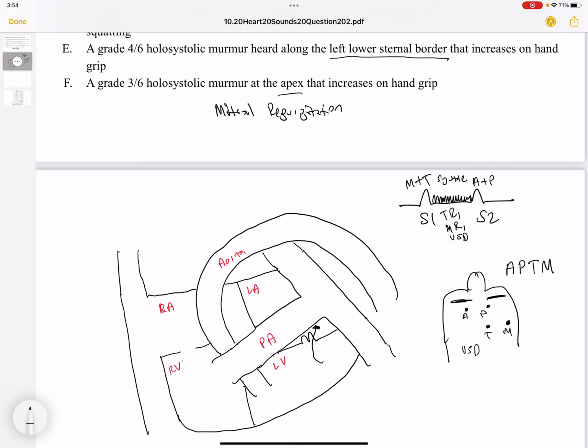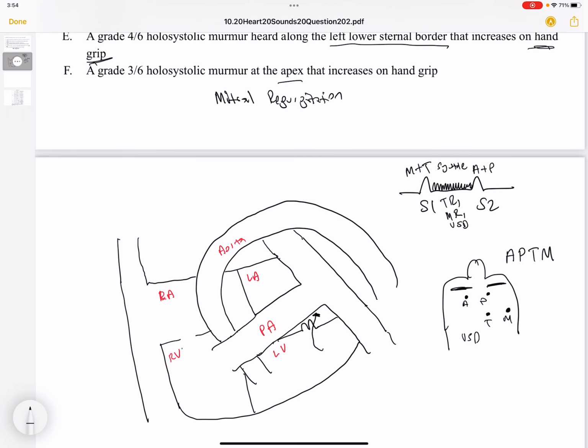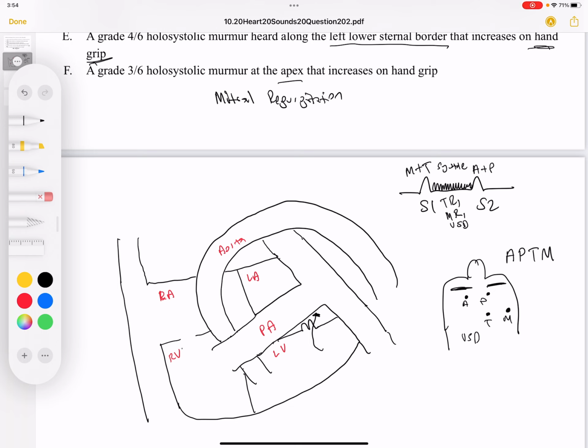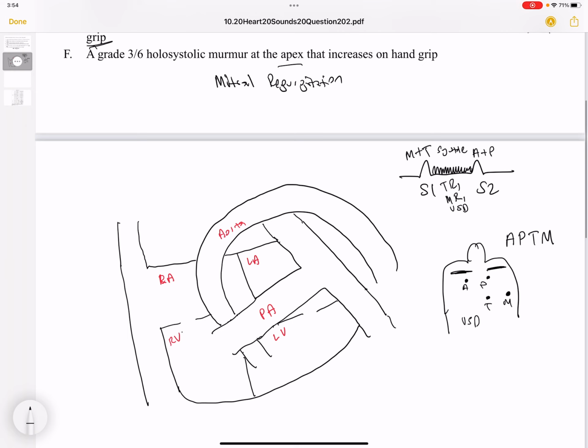Now the information that we have is that this murmur is going to increase on hand grip. So as we said, hand grip is going to increase systemic vascular resistance, resulting in accumulation of blood within the left ventricle. A ventricular septal defect would make sense for this answer choice because a ventricular septal defect is going to result in blood flowing from the left ventricle into the right ventricle due to a defect in the ventricular wall.